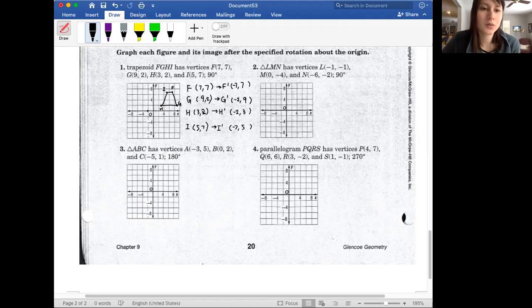Okay, so I'm going to go through this rotation by plotting these new points. I'm going to use a different color just so you can see the second image. So negative 7, 7, negative 2, 9, negative 2, 3, negative 7, 5.